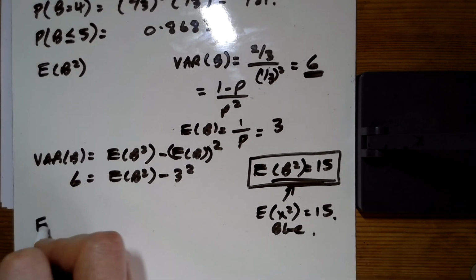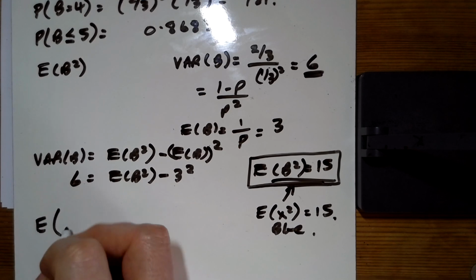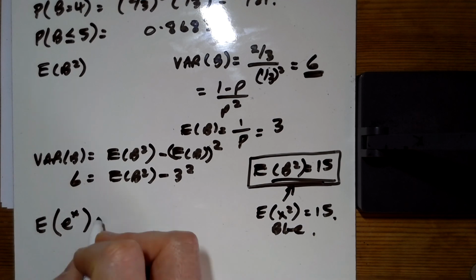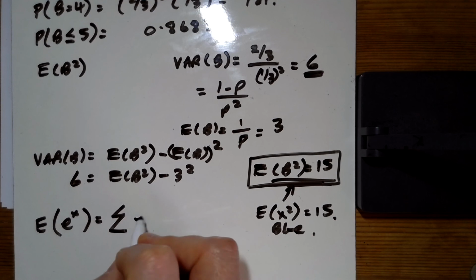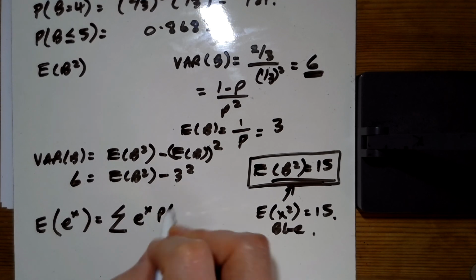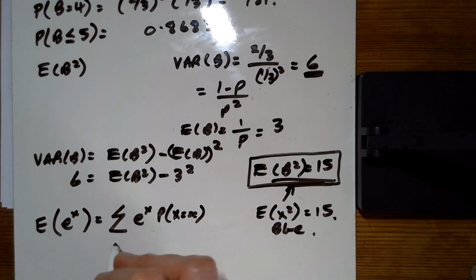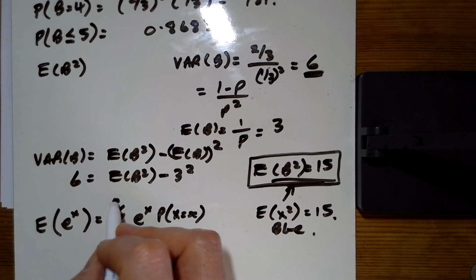So we now want to know what is the expected value of her e to the x one. What is the expected value of e to the x? So this would be the sum of e to the x times by the probability of getting the red one in x goes, and we'll be going from x equals 1 to infinity of all of that.